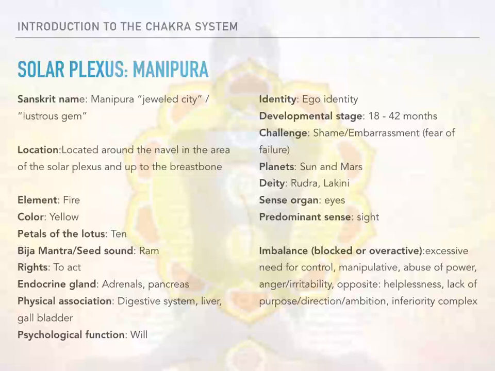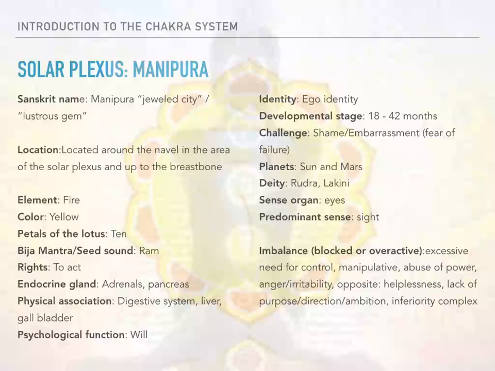The physical association here is your digestive system, your liver, and your gallbladder. And that relates very well to the element of fire. Think about our digestive fire. This area of the body is where things are done. So of course, if this chakra is not balanced, our digestive system can be affected, our liver and our gallbladder.